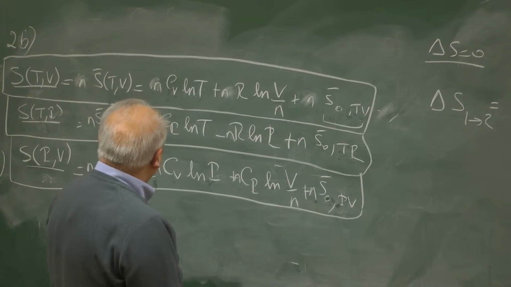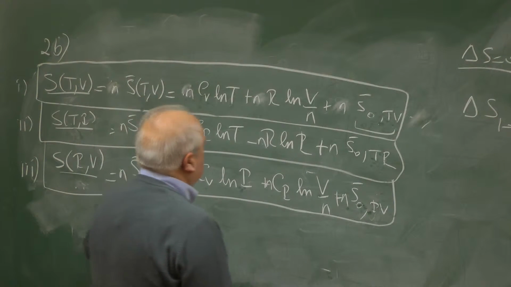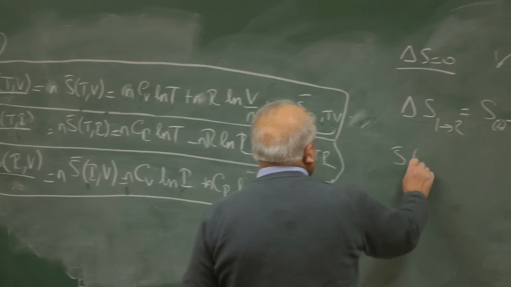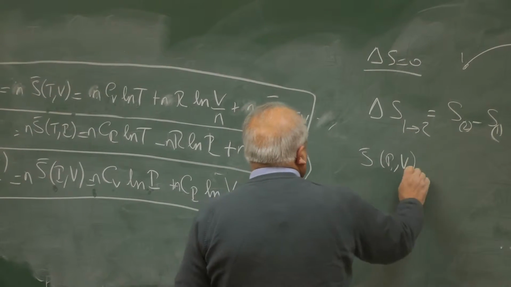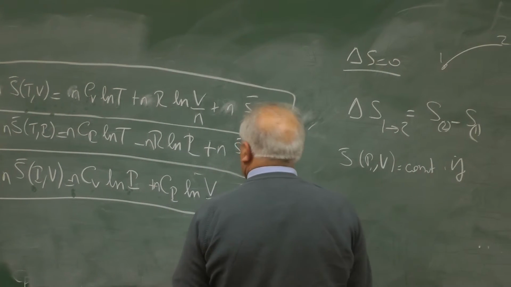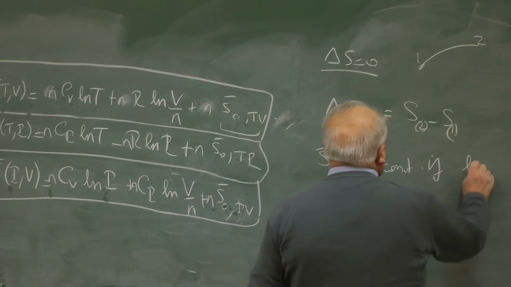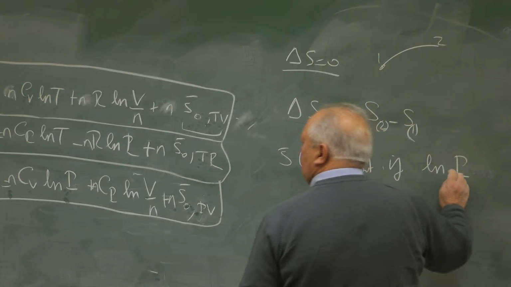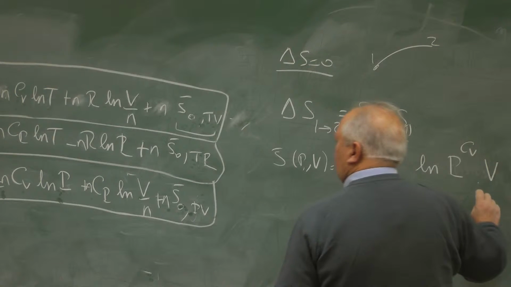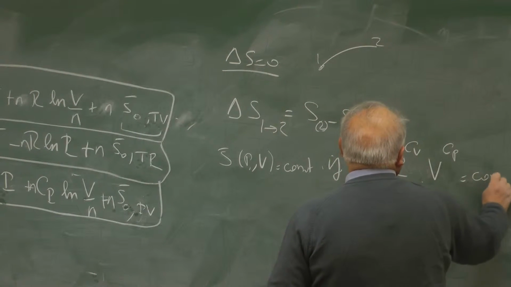So it is easier even to look at the S PV constant if, because N is constant, this is log P to the CV times V to the CP is constant.